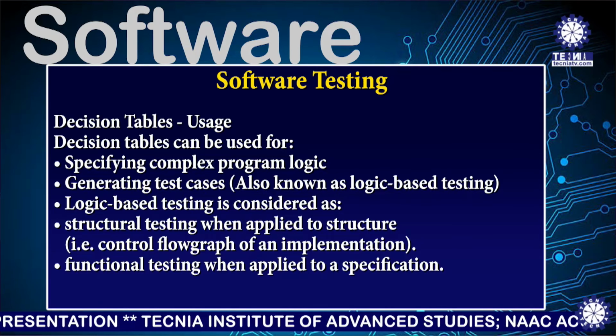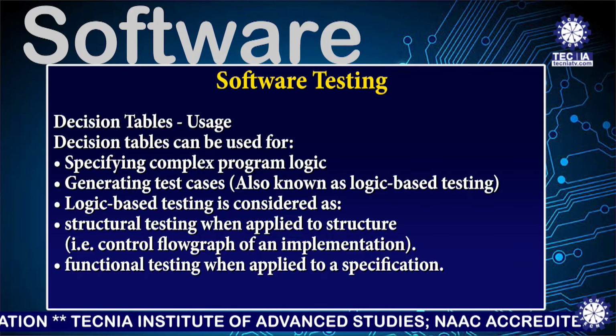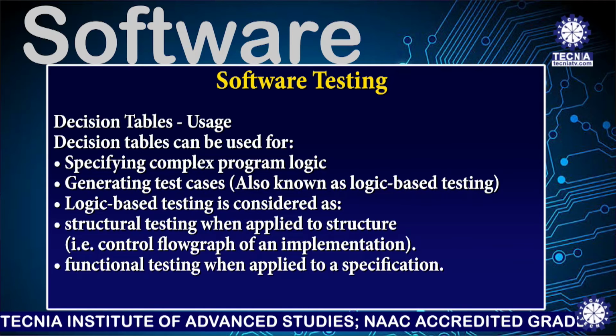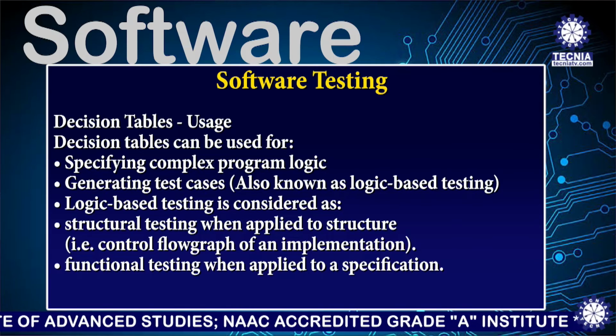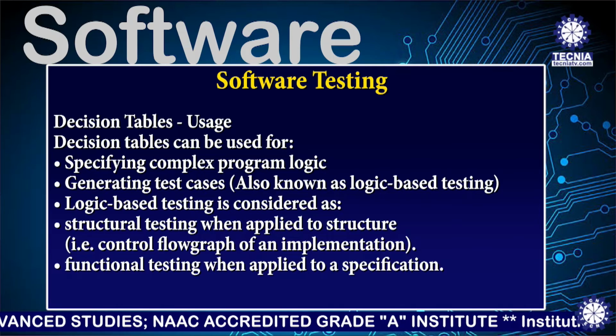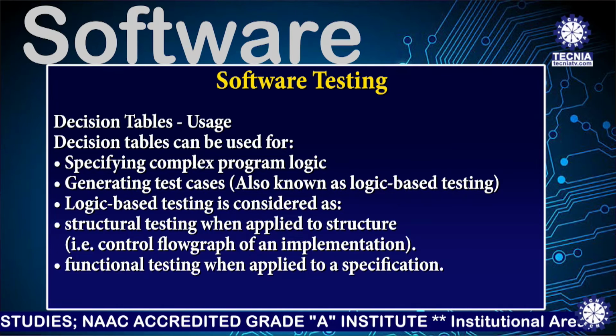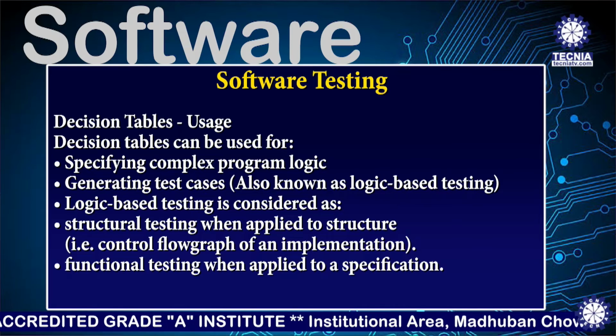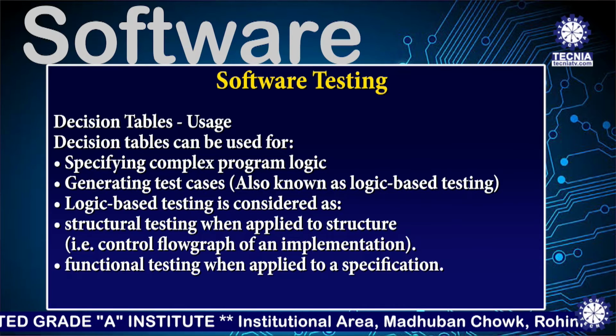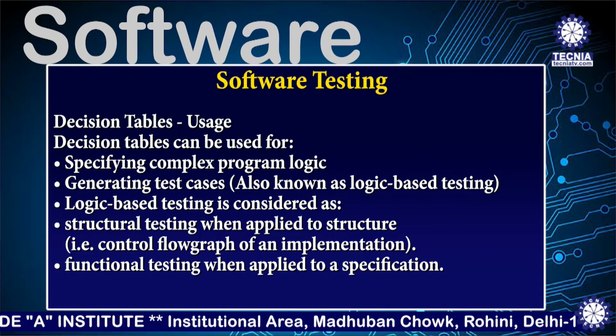Decision tables can be used for logic-based testing, and they can also be used for structure testing, and finally the decision tables can be used for checking that the functional testing part is working as per the specification or not.